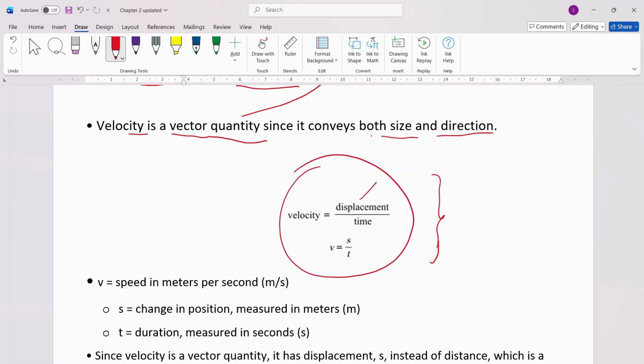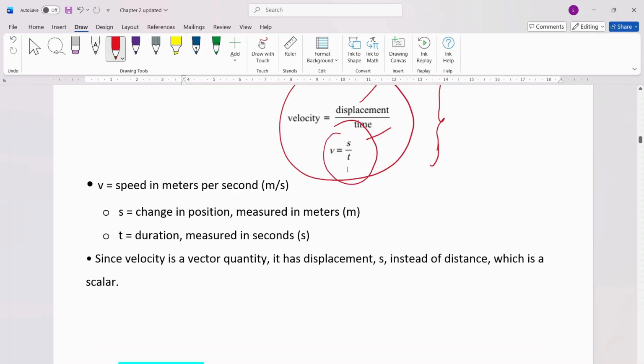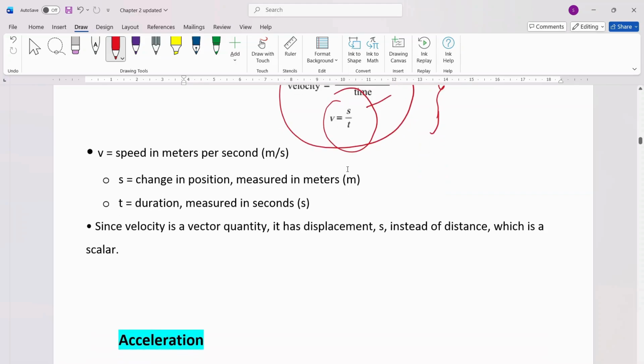We are not using distance here because distance does not have direction and displacement does. So our formula will be velocity equals displacement over time. Displacement is s and time is t here. Since velocity is a vector quantity, it has displacement instead of distance, which is a scalar quantity.